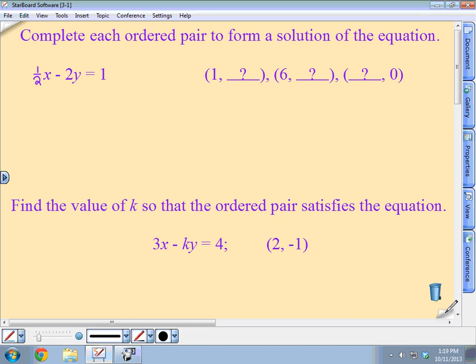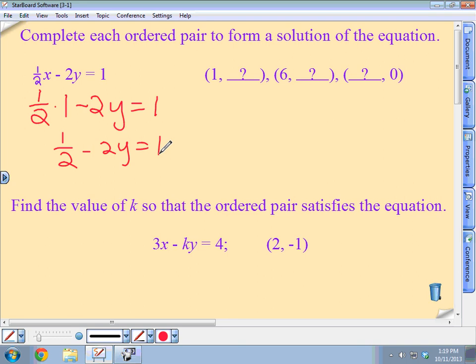So if this is my equation, and I know that for this one the x is 1, then 1/2 times 1 minus 2y equals 1. And half of 1 is just 1/2 minus 2y equals 1.